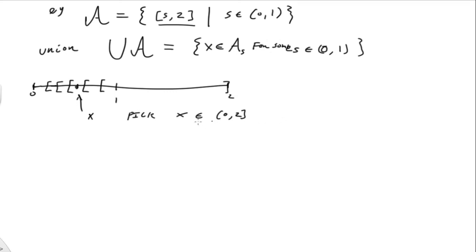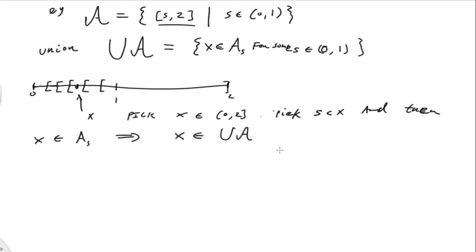Okay, and it seems like that does it, because I can always pick s less than x, and then I can find A_s such that x is an element of that A_s. Therefore, x is an element of my union set.